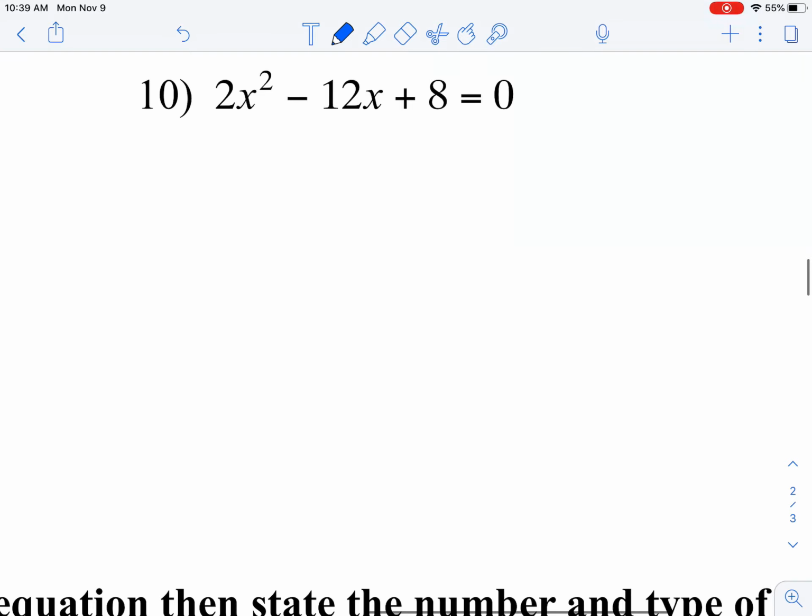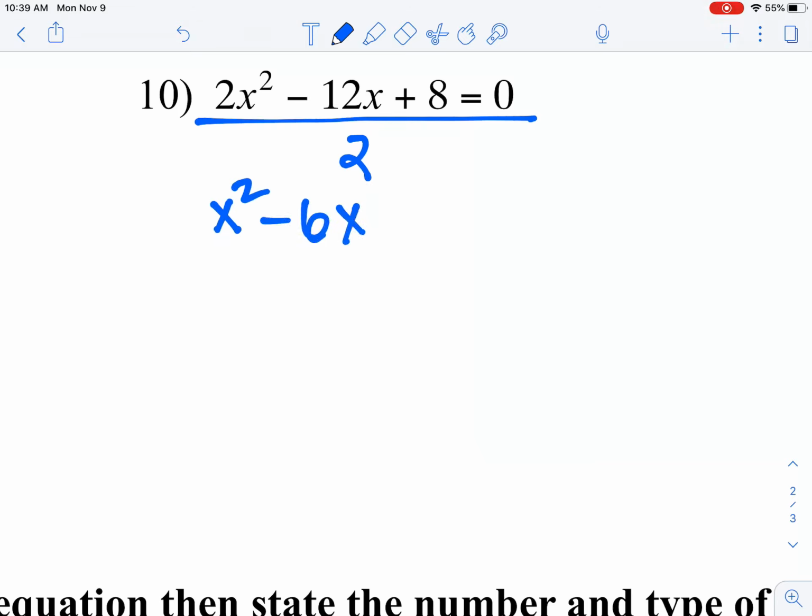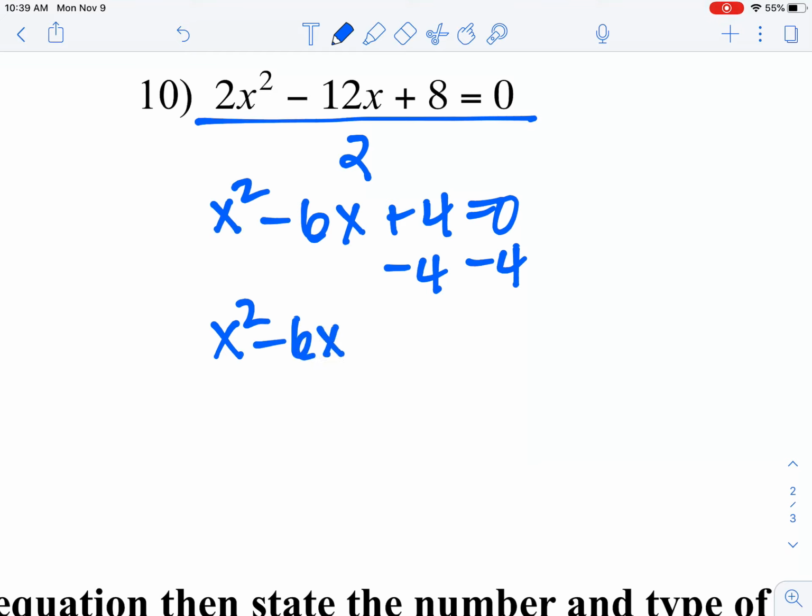Okay, over here, 2x squared minus 12x plus 8, I can divide everything by 2, which will give me x squared minus 6x plus 4 is 0. So then I move that c value over, and solve for a new one.